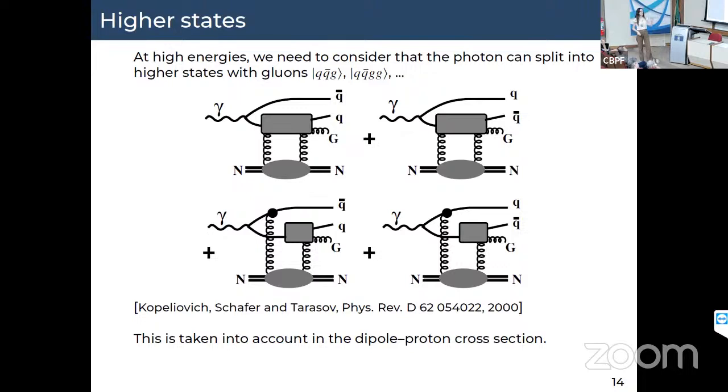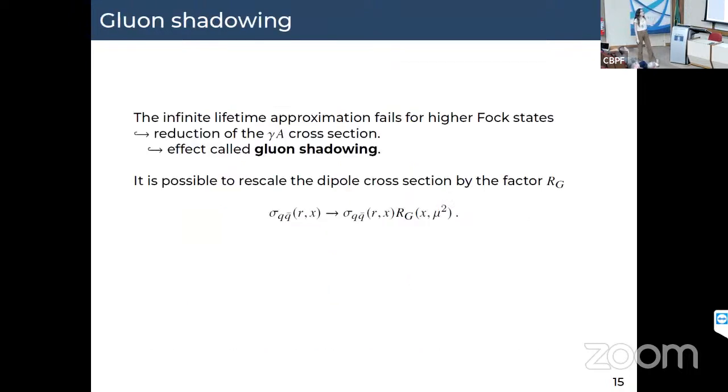So we resum all these interactions a lot of times. But here in the nucleus, we will have a smaller interaction, since we will have fewer interactions than the A multiplied by the dipole cross section. So we will have a reduction of the gamma A cross section compared to A times the gamma proton cross section.